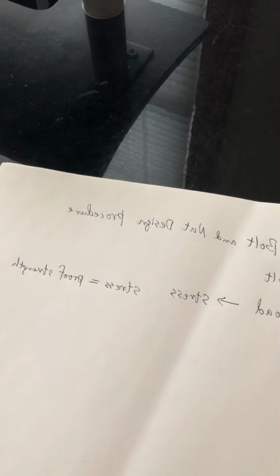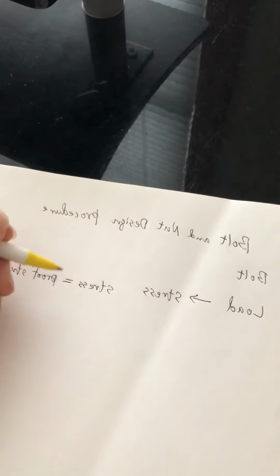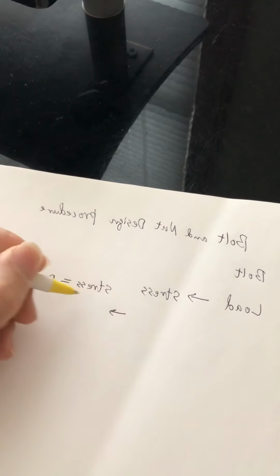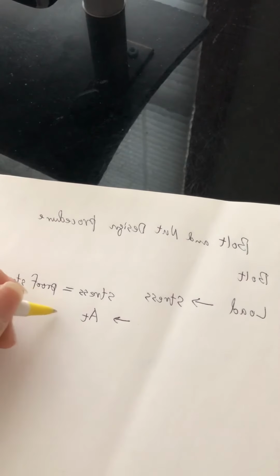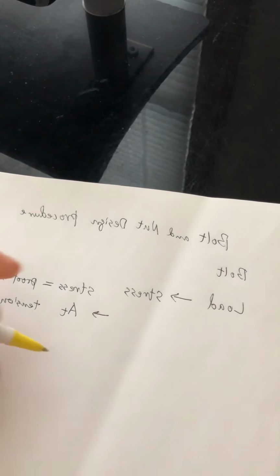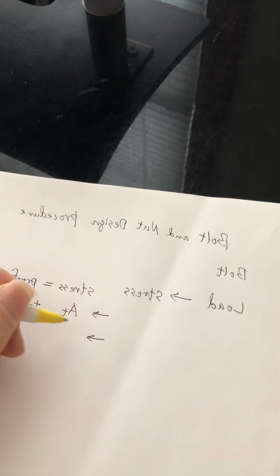From that you can find out the AT, which is the tension area. From this tension area, there's a table in the book, and then you can find out the bolt size.